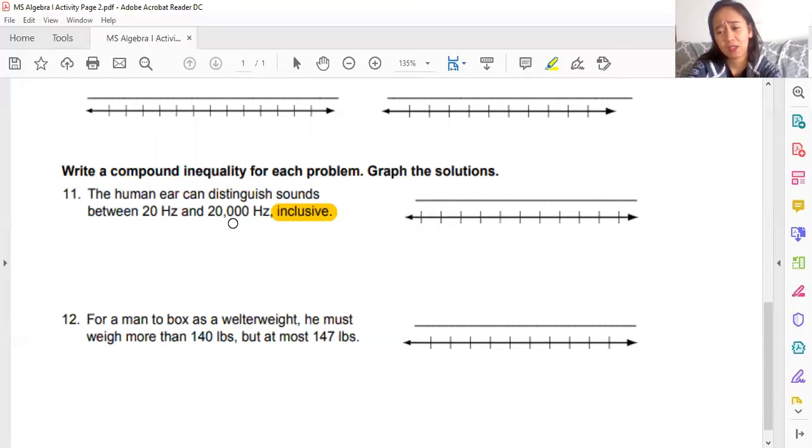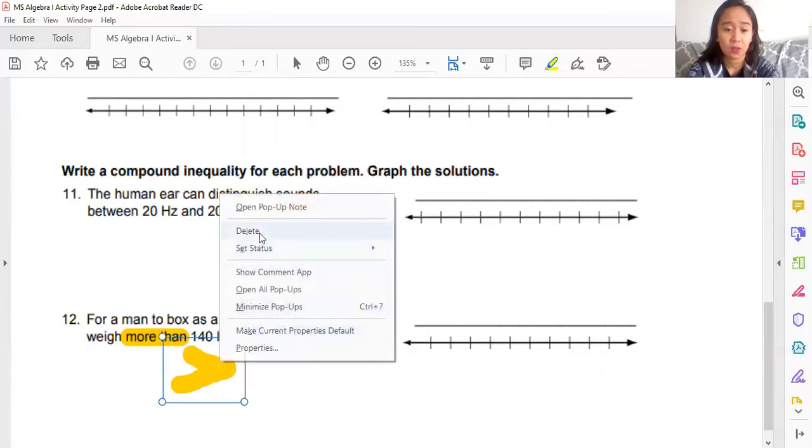And then whatever the greatest number is in here, you should write it at the right side. Now, in here, it says he must weigh more than. It didn't say inclusive. So if you say more than, that means the symbol should be that one. Okay? So, oh, this is between, right?